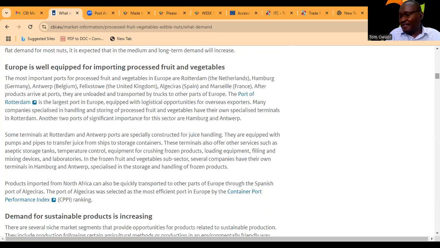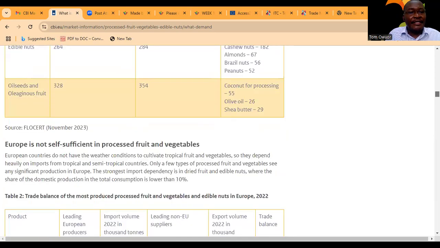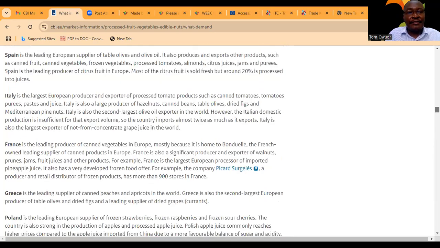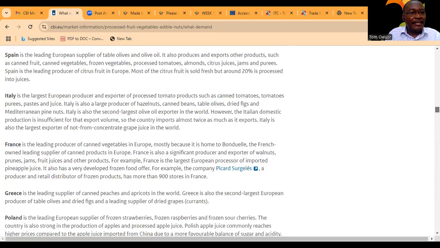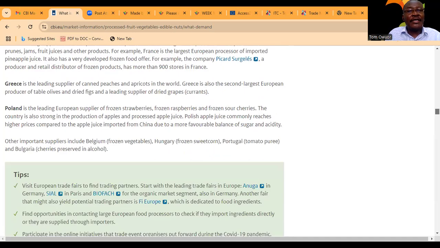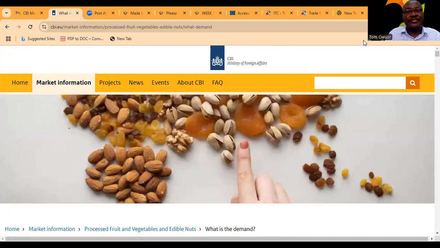All the products and services, be it the sugar snaps that Christine does, the chili that Gadi does, or the chili that Humphrey does, you'll be able to get all of them right here, including the regulatory requirements and the various markets. You can see it talks about the opportunities in Spain, Italy, France, Greece, Poland, all these destinations.